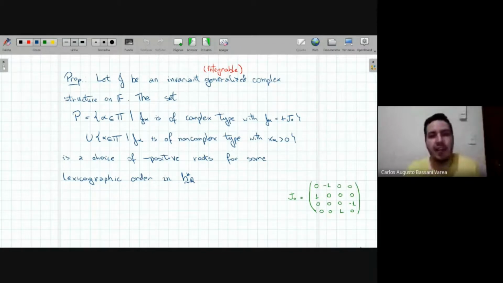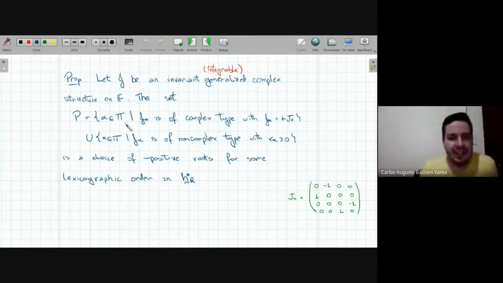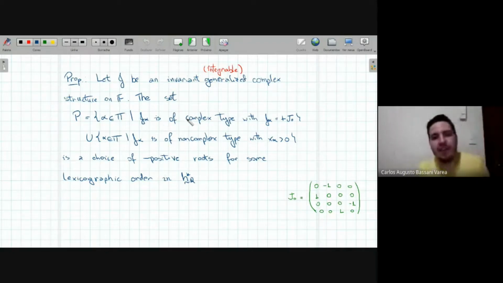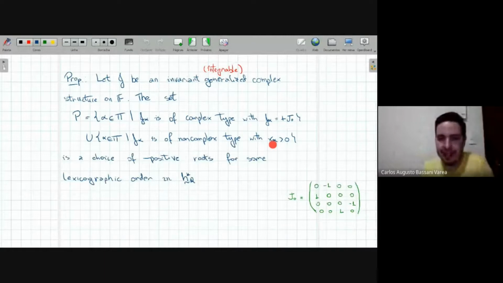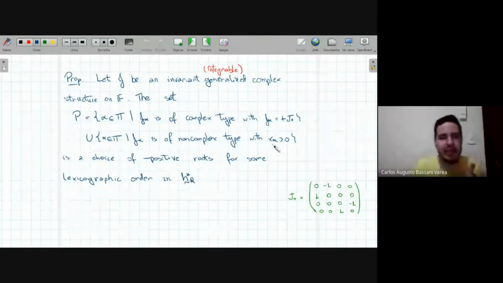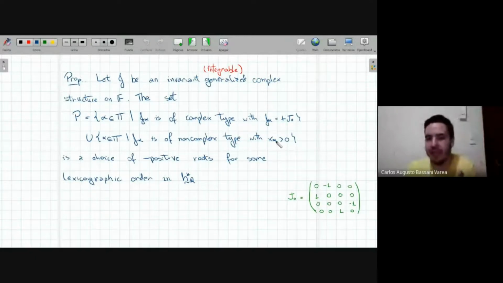When we have an invariant generalized complex structure which is integrable, then the set of roots such that, if J alpha is of complex type, then J alpha has positive sign, and such that, if J alpha is of non-complex type, then the element X alpha that appears in the matrix of the non-complex type is positive, is a choice of positive roots for some lexicographic order.